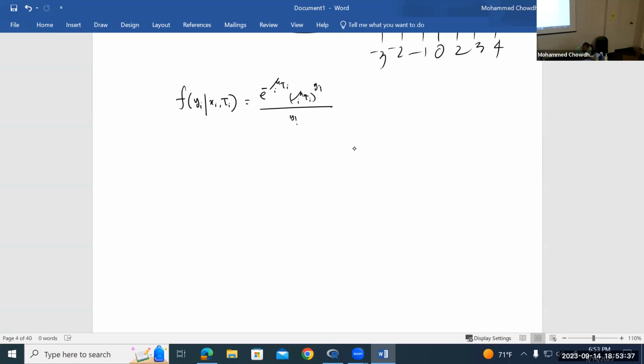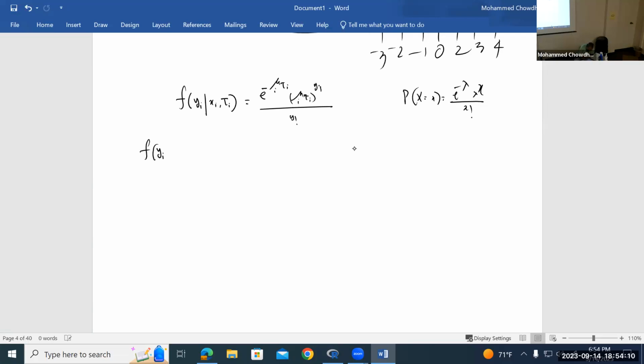The original Poisson distribution looks like this, with tau_i as our hidden parameter. So this is the conditional distribution of y_i given x_i, which are our covariates, and tau_i. Now, how can I find the marginal distribution from there?